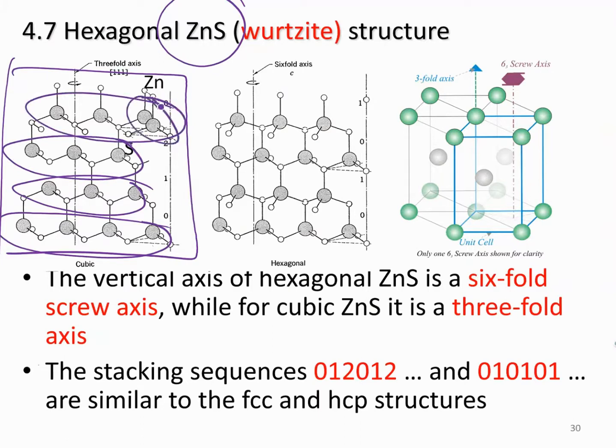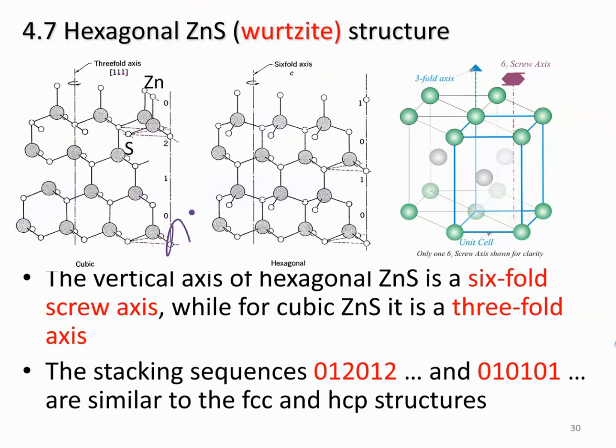So this is layer 0, this is layer 0, so these two layers are the same. It's just like A, B, C layers. So layer A, layer B, layer C, layer A. You can see A and A are the same. So when you have layers A, B, C, then it's actually the face-centered cubic close-packed structure.